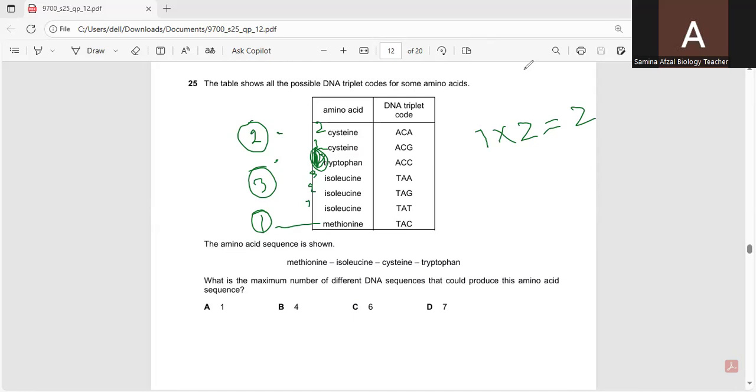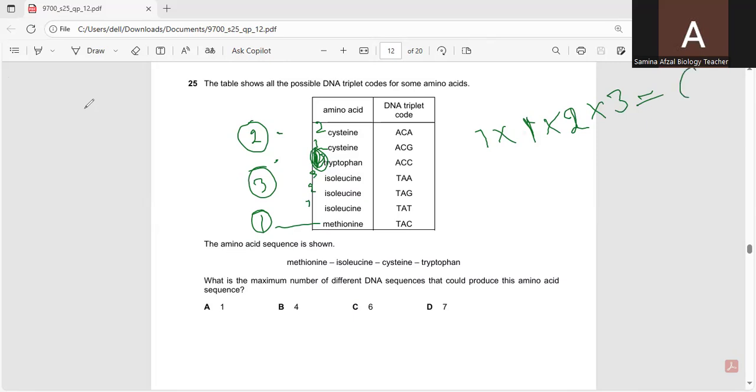1 into 1. So here I would like to find out the possibilities. We will multiply the possibilities, let me explain it as 1 into 1 into 2 into 3.